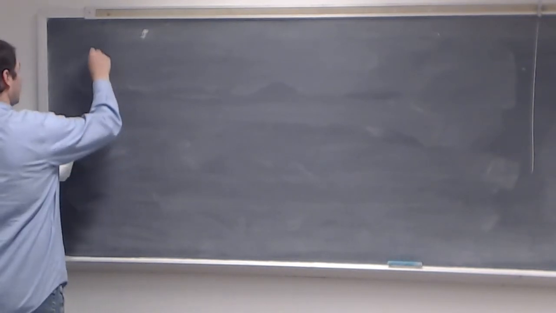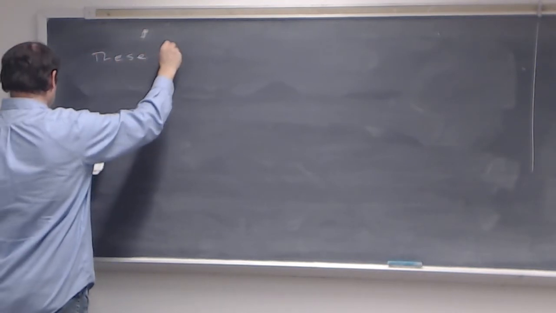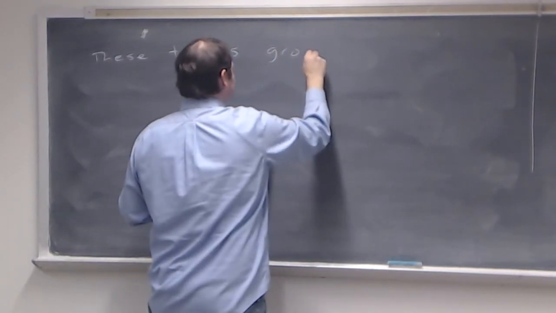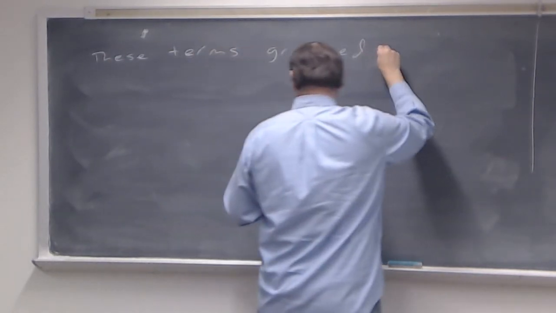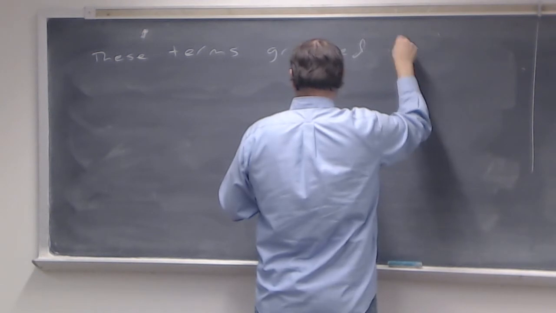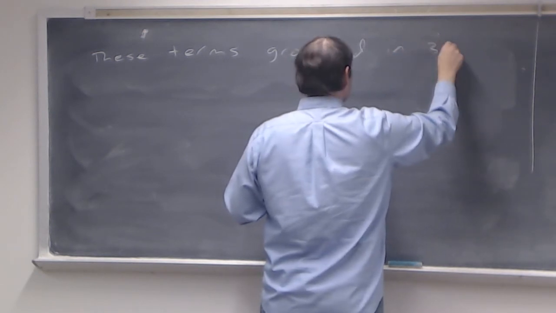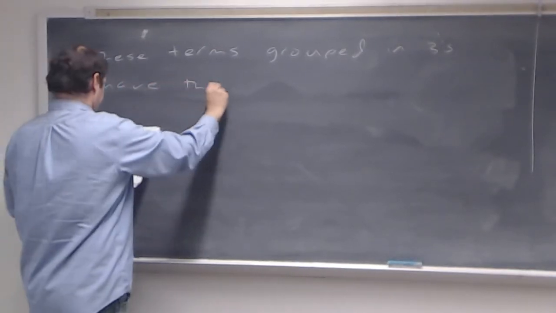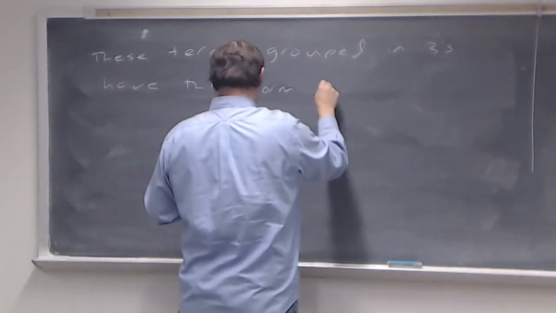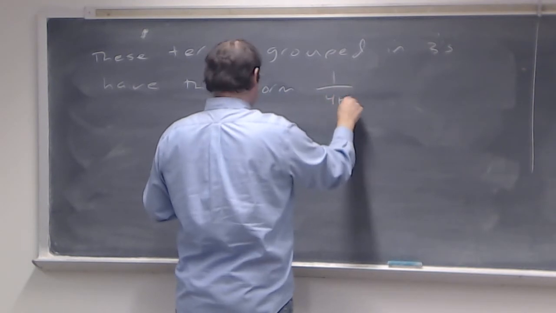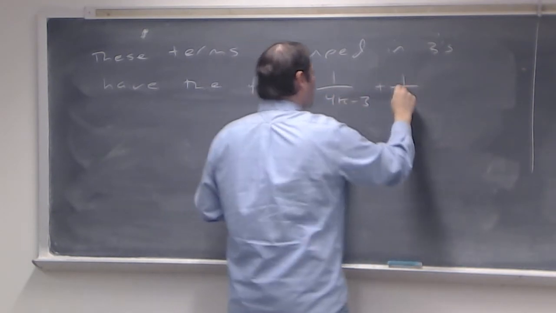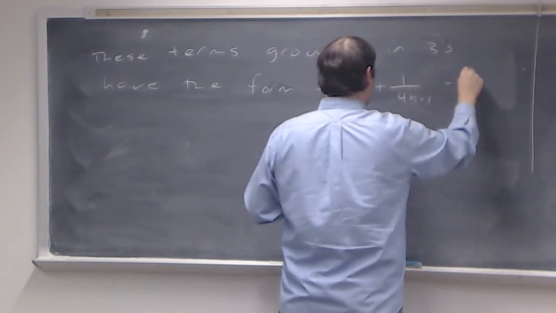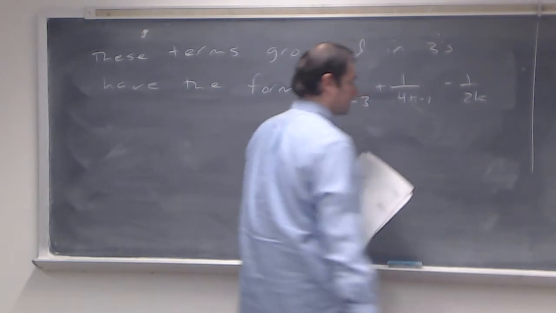And if we look at them and we do the following, these terms grouped in threes have the form 1 over 4k minus 3 plus 1 over 4k minus 1 minus 1 over 2k.